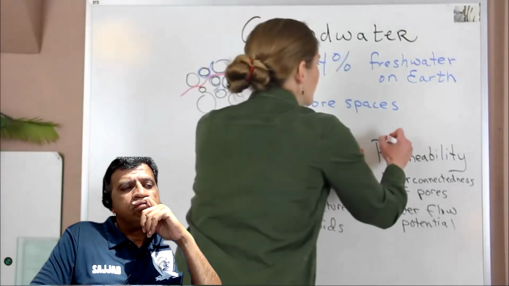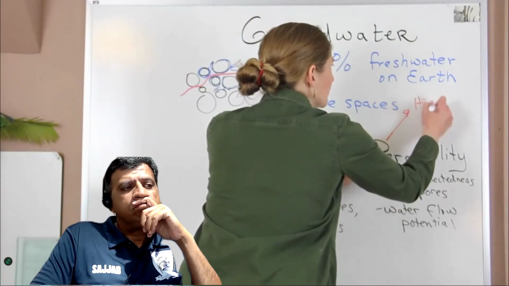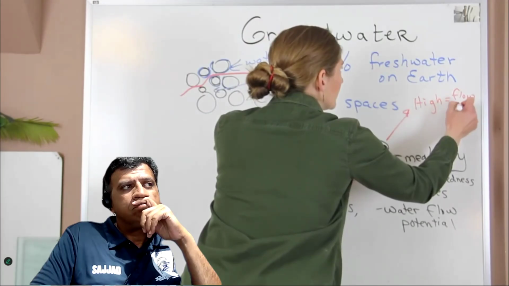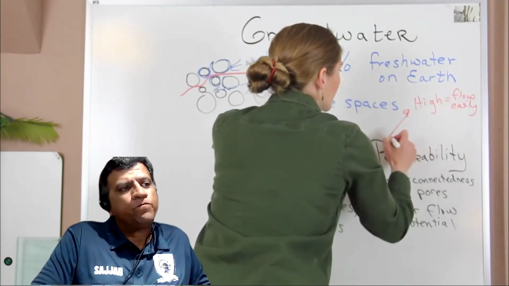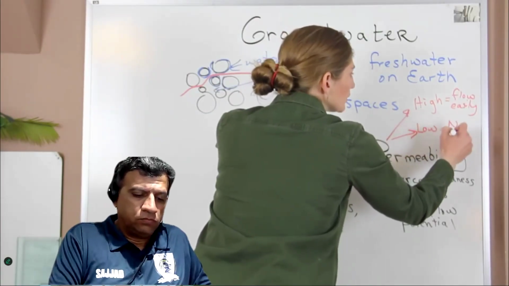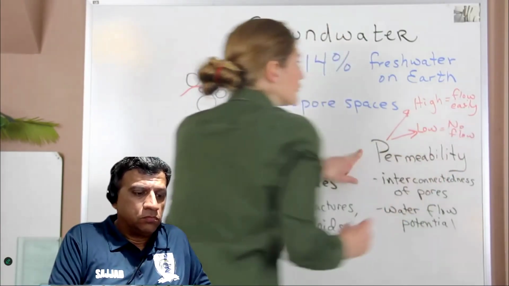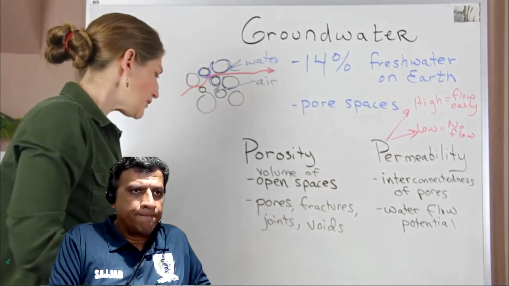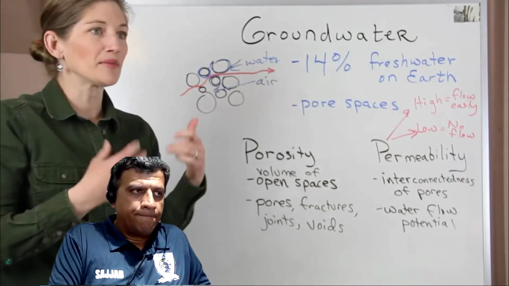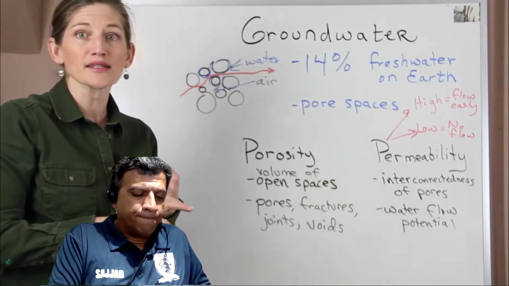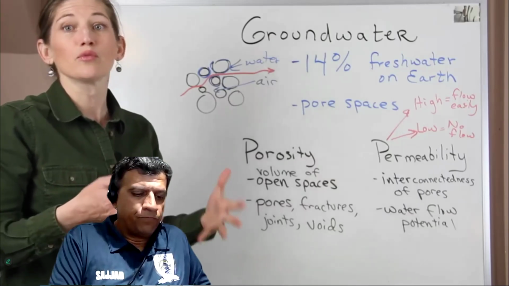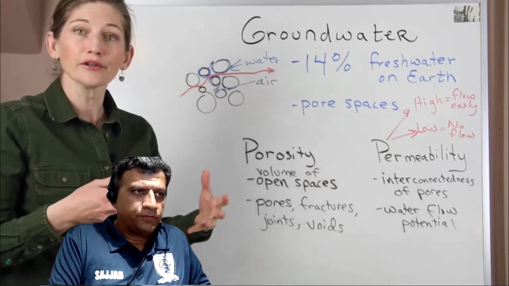If we have high permeability, then it flows easily. And if it's low, then we get no or low flow. I'll just write no flow for now. All right, so this is really important when we start to look at our water. If we have a material that has high porosity and high permeability, then it will be able to store a lot of water and it would make a good aquifer.